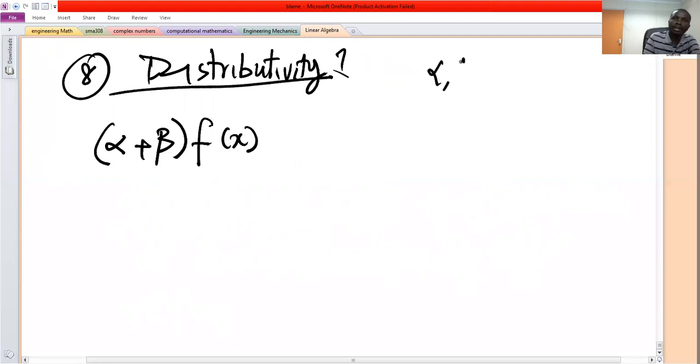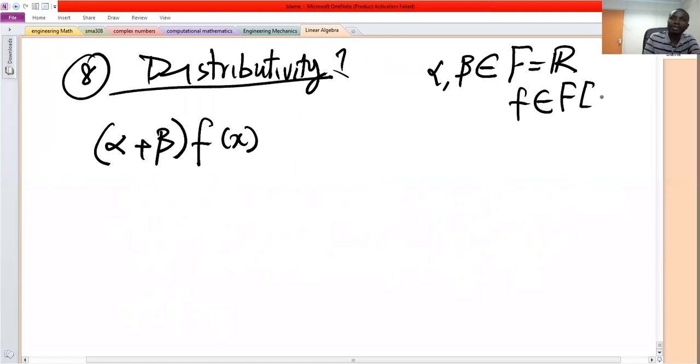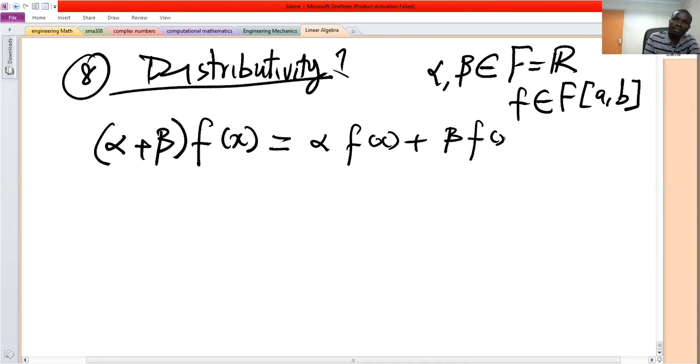Remember, we had defined alpha and beta to be elements in the field F, and f is a function in the closed interval AB. So this will be the same as take alpha multiplied by f of x plus take beta multiplied by f of x.